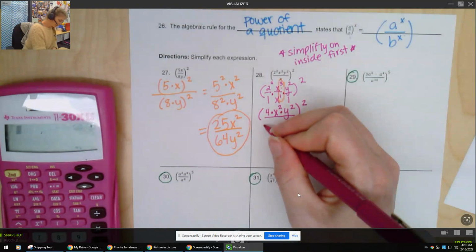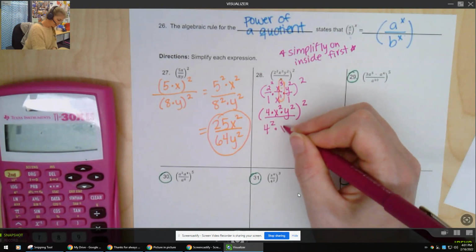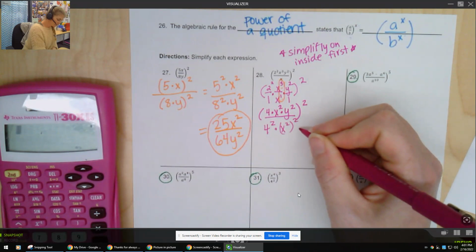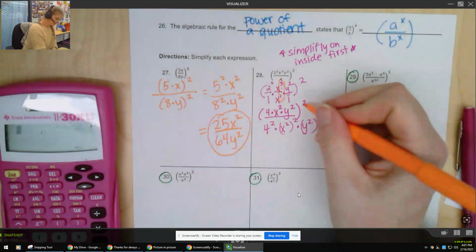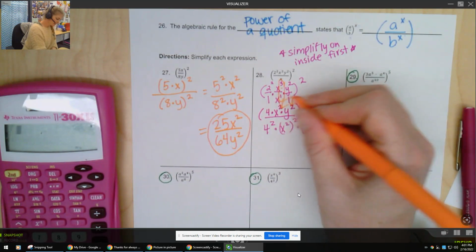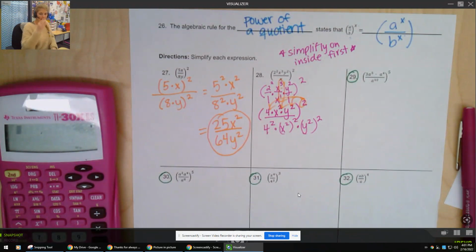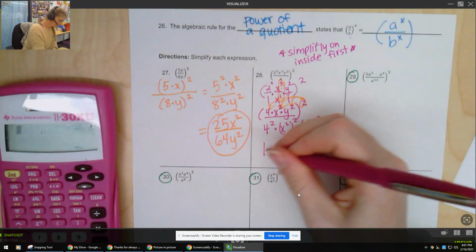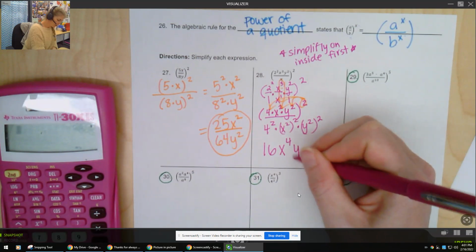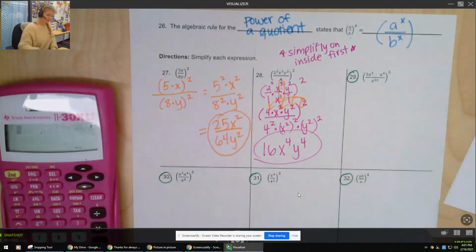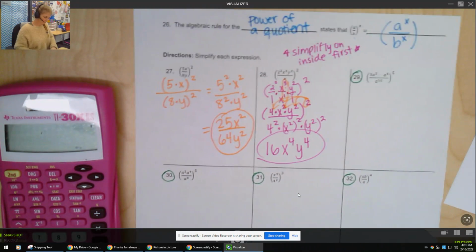So now I have 4 squared, x to the second being squared, and y to the second being squared. Again, I'm applying that exponent on the outside to every factor on the inside, and we're almost done with this problem. 16 x to the fourth, y to the 4th. Great job with that one.